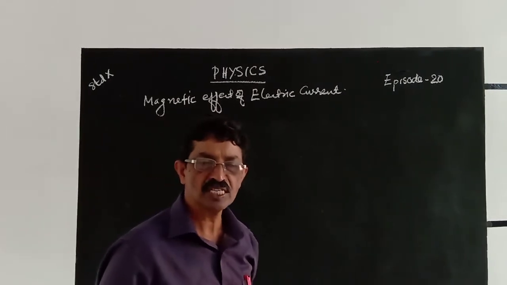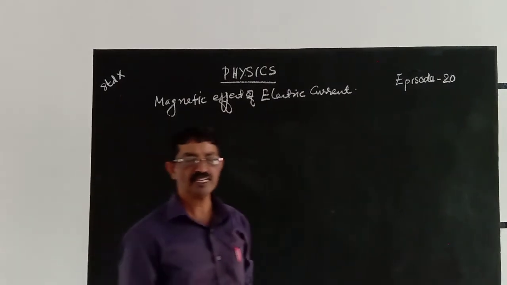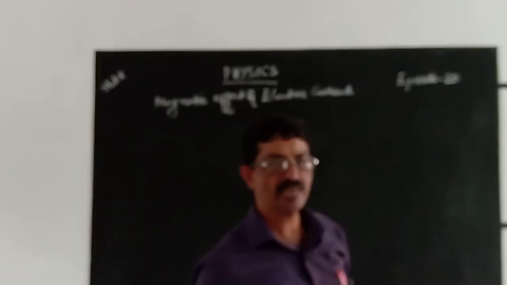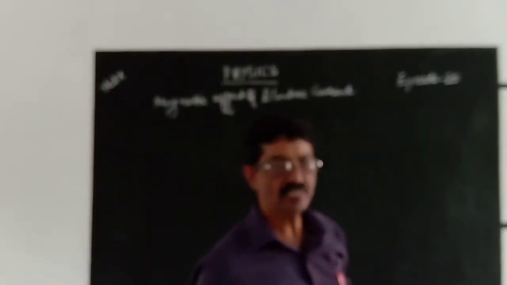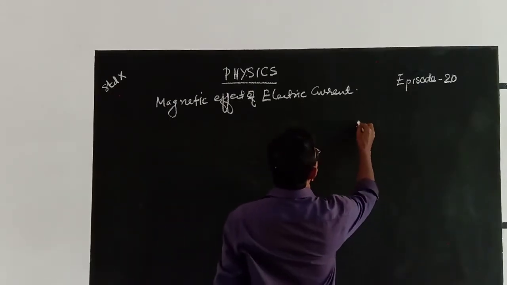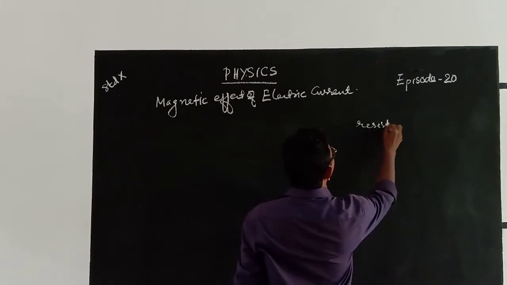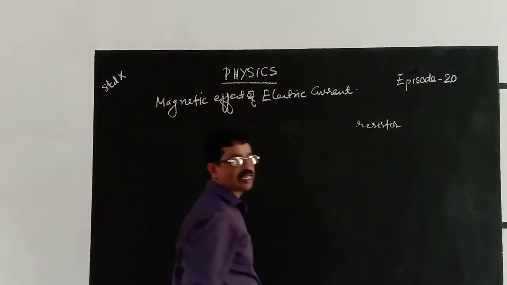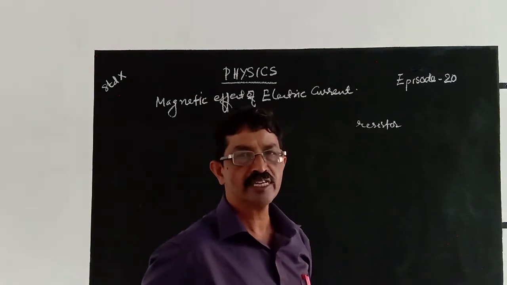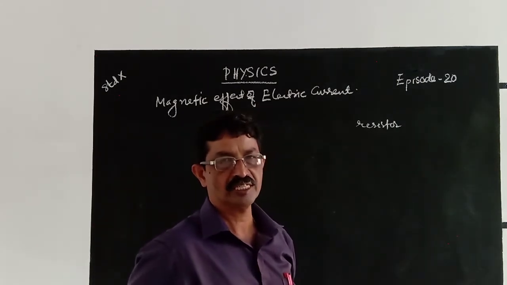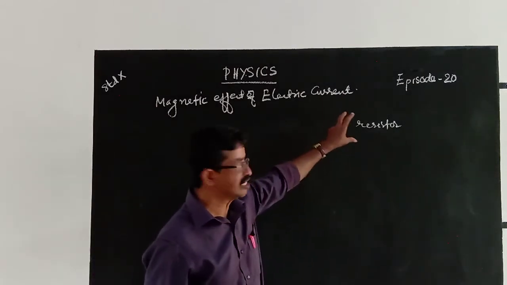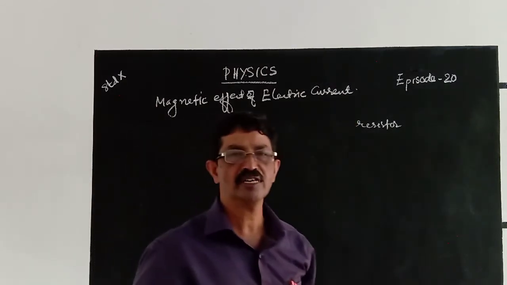In our previous class, we discussed the heating effect of electric current. That means when current is passed through a resistor, electrical energy changes to heat energy.